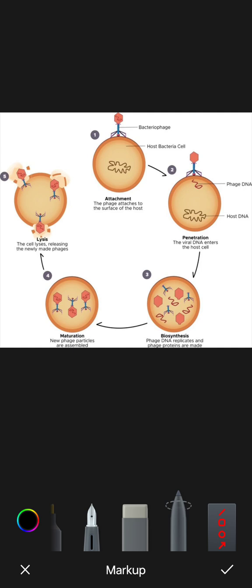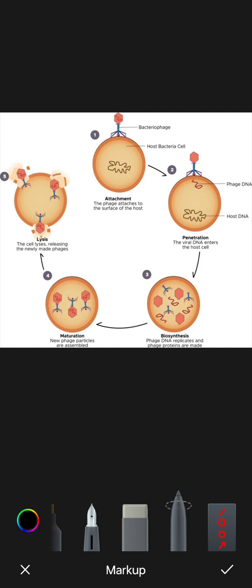There is no T5. Another category is lambda. In lambda phages, a cycle called the lysogenic cycle occurs. We will discuss that cycle in another video, but in this video we will discuss the Lytic cycle of T4 bacteriophage.